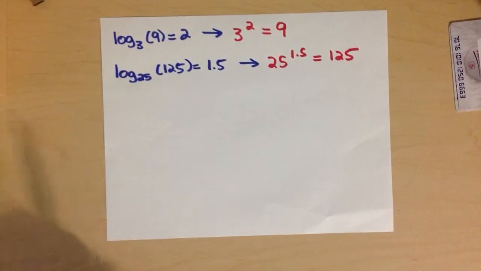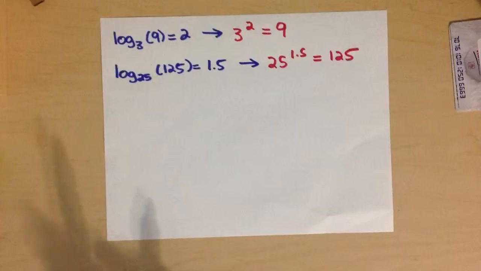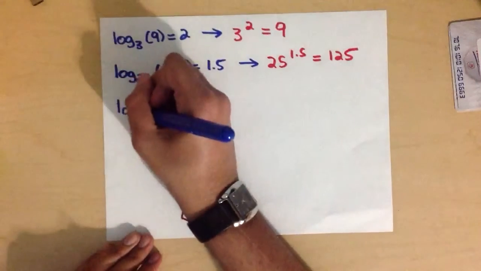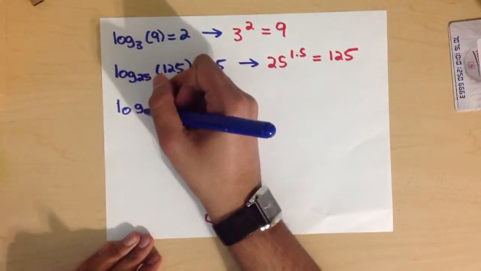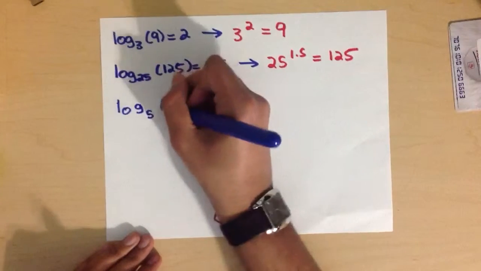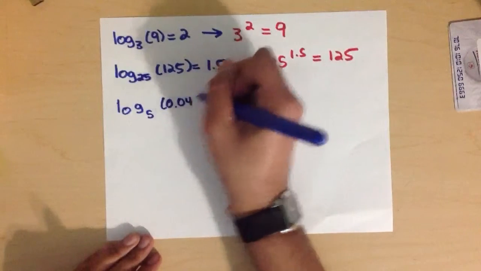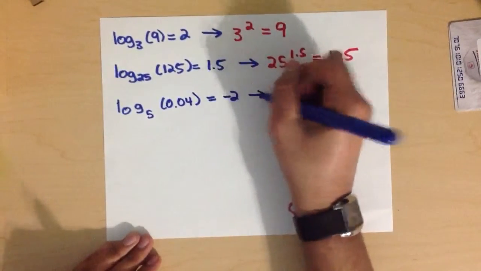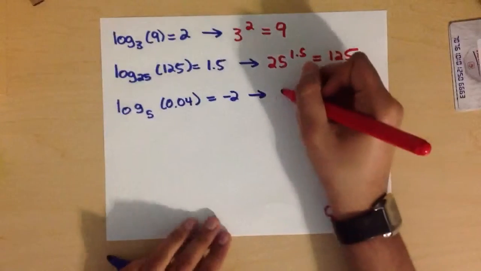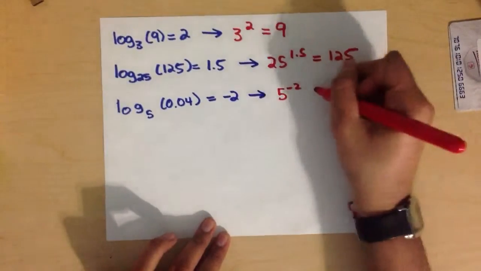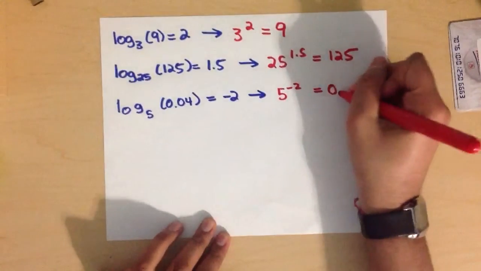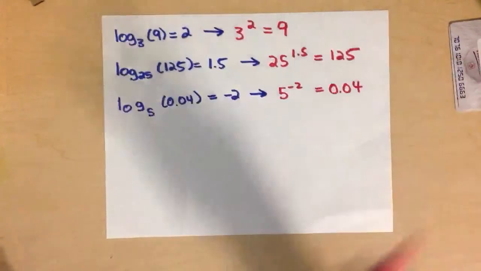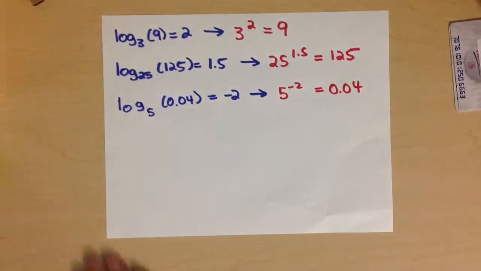How about log base 5 of 0.04, and that's going to be equal to negative 2. Writing that in exponential form, it's going to be 5 to the negative 2 is equal to 0.04.